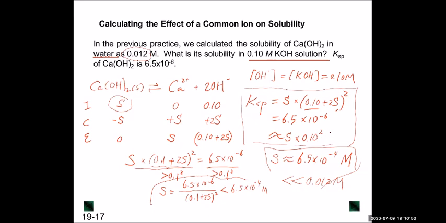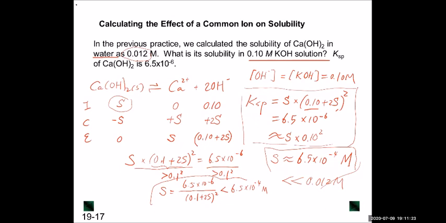The calcium concentration in solution is only such a number, much smaller than in pure water. So the solubility of an ionic compound will become much less if the solution has a high concentration of the common ion.